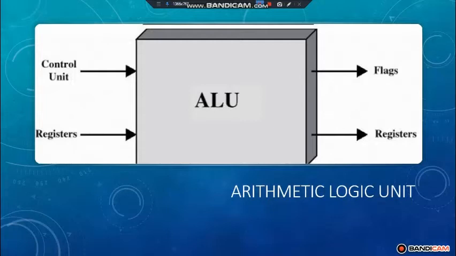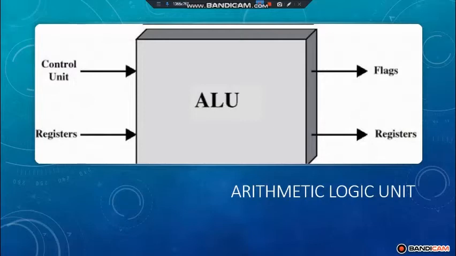This is in contrast to a floating point unit (FPU), which operates on floating point numbers. It is a functional building block of many types of computing circuits, including the central processing unit (CPU) of computers, FPUs, and graphics processing units (GPU).